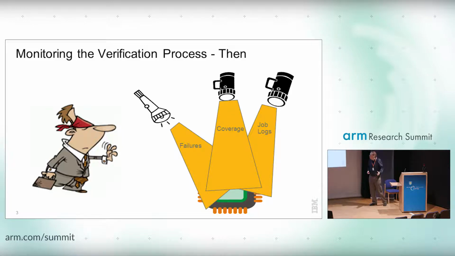We have, of course, information about failures, where they are found, how they are found, where the bug was located, and so on. This is another source of information that we can use. Each job that we're running, each simulation, each test case, also produces some kind of a log saying what happened. We can use this kind of information.